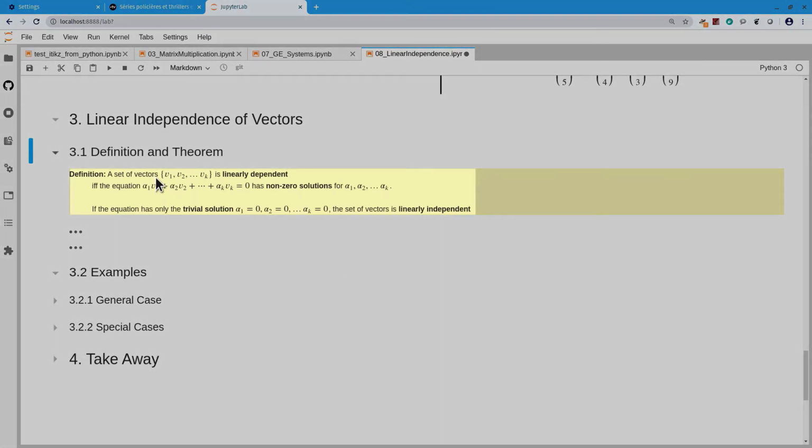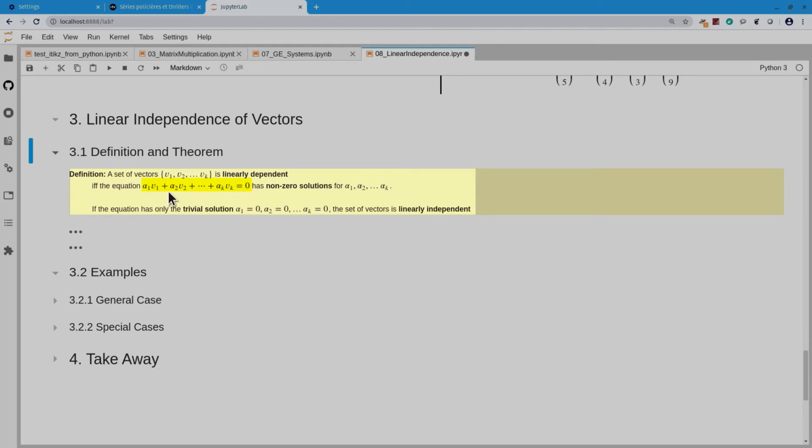Given a set of vectors v1 through vk, we are going to form the equation linear combination of those vectors with arbitrary coefficients alpha 1, alpha 2, alpha k, and set that equal to 0. Okay, so I have an equation for the alphas here. And I'm going to look at solutions for that equation.